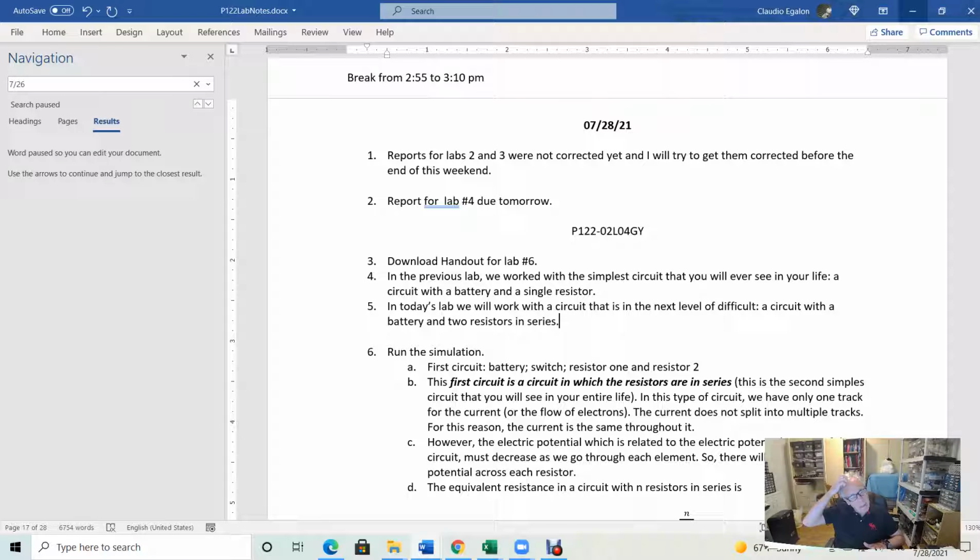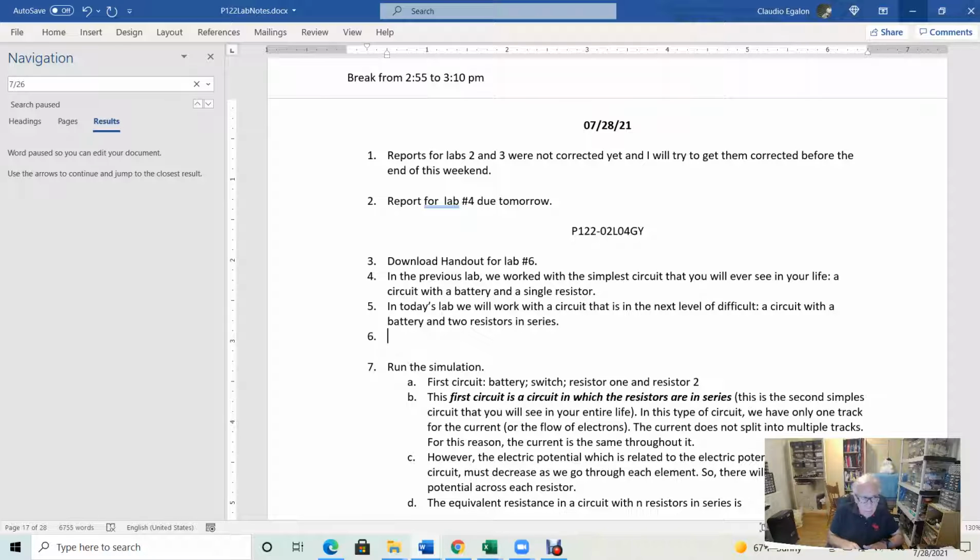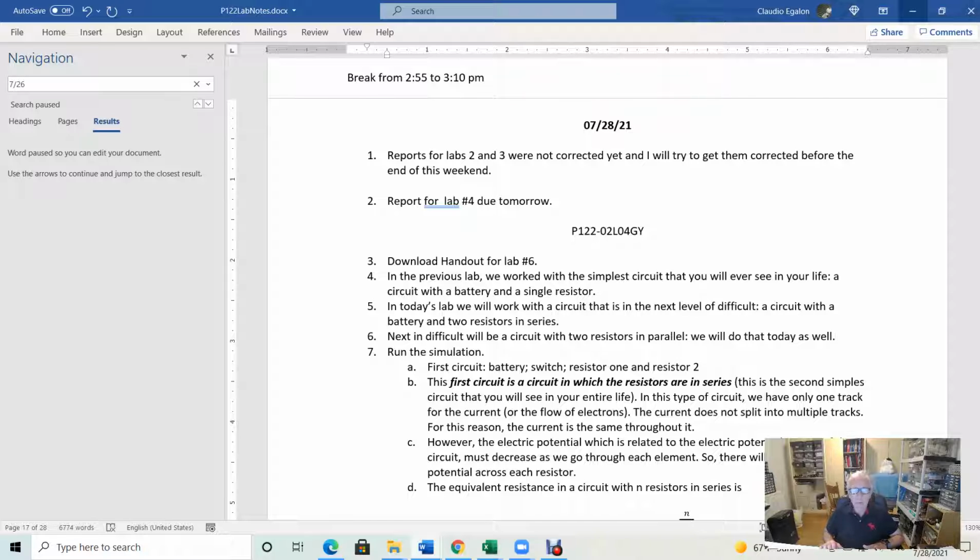I think circuits with resistors in series are simpler. Next in difficulty will be a circuit with 2 resistors in parallel. We're going to see how it looks. We'll do that today as well. 2 resistors in parallel, or elements.